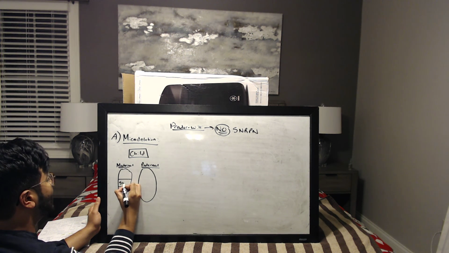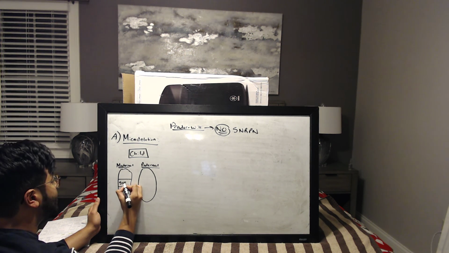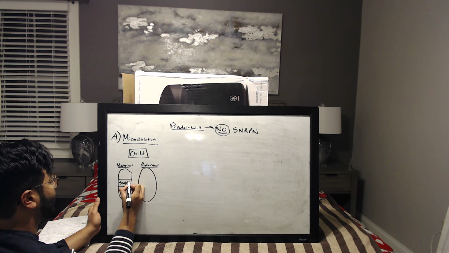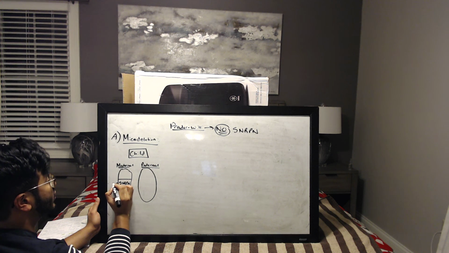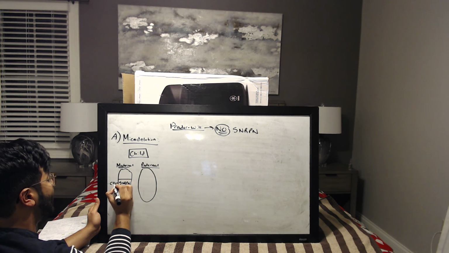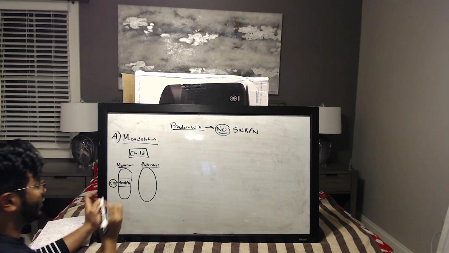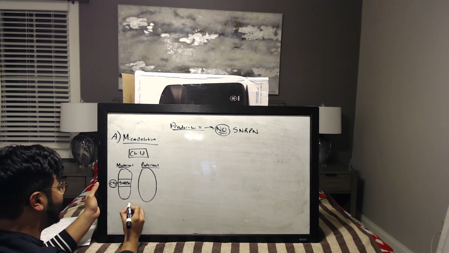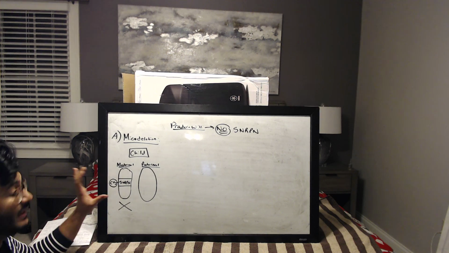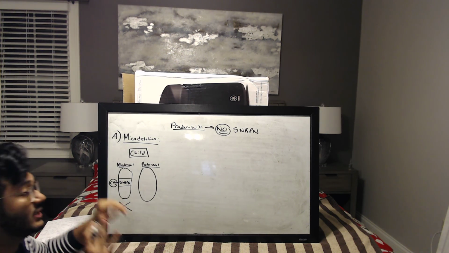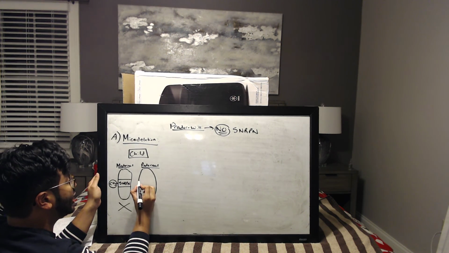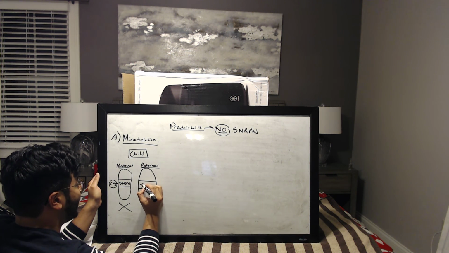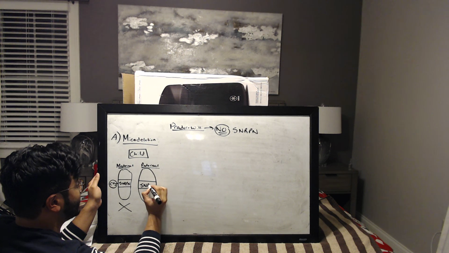So you, me, your friends, whoever, every individual, the maternal copy of SNRPN is going to be silenced, which means that it's going to be methylated. Right there, we're showing this methylation. This means that this copy is silenced. It is turned off. It's contributing nothing to the SNRPN gene. It's not active. The paternal copy, however, is going to be an active version of SNRPN.